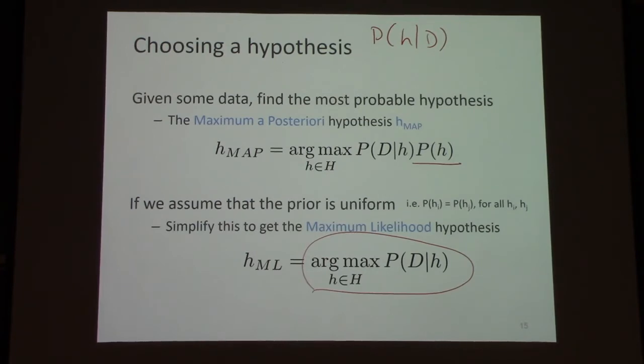You don't have any prior knowledge, you don't want to introduce any prior knowledge that may damage your classifier, so you just pretend that all hypotheses are equal and you find the one that has the maximum likelihood. So maximum likelihood estimation is another equally common Bayesian criterion. Questions?